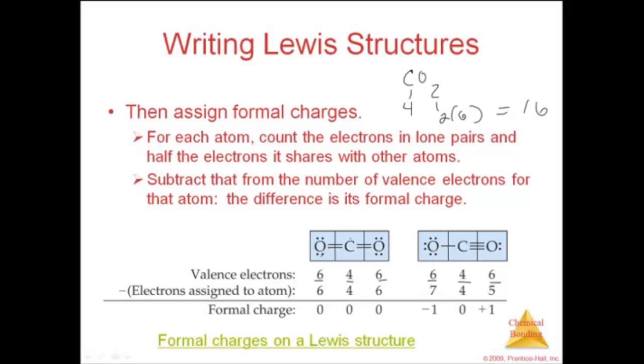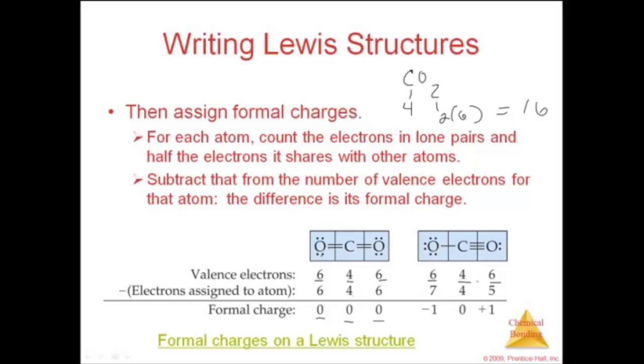Carbon, I have no lone electrons, but I have 1, 2, 3, 4. 1 each from these 4 bonds, that's 4. The oxygen, I have 2, 4, 5, 6. So if I look at the difference between the valence electrons for the atom by itself, and I subtract from that electrons assigned in this structure, I get formal charges of 0, 0, 0.